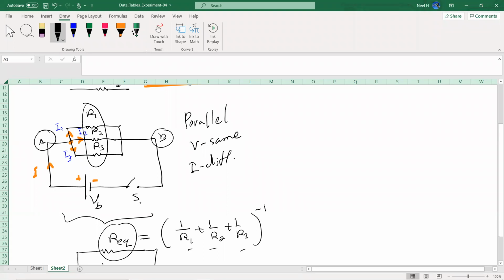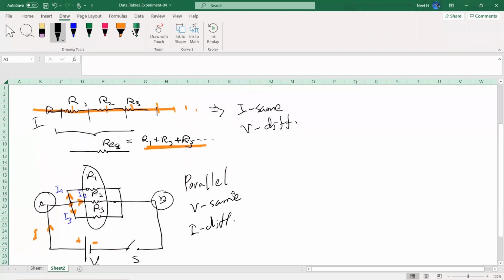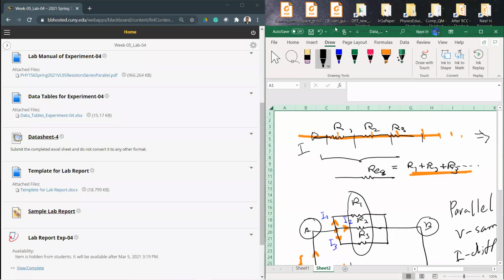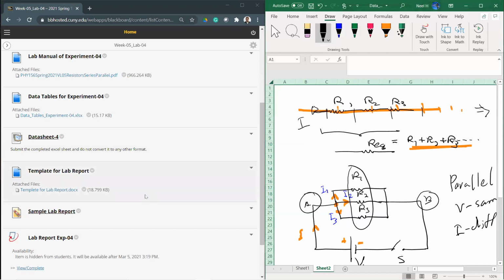That's the concept, the theory and the principle we need. Two formulas and the theory background on that.